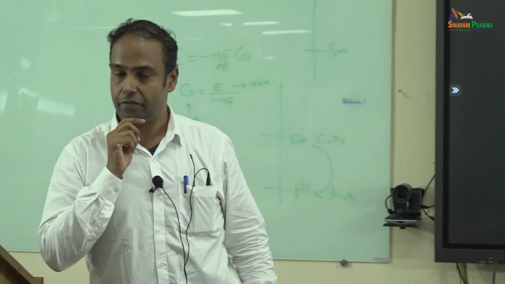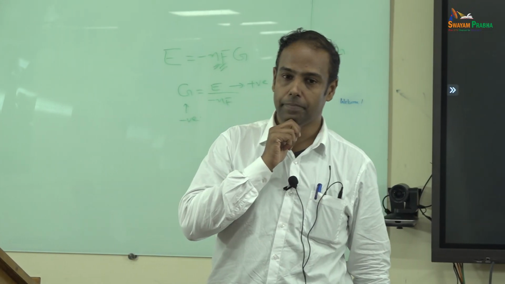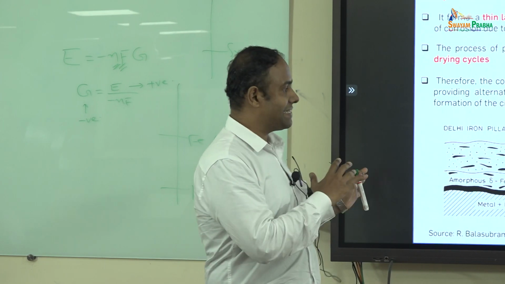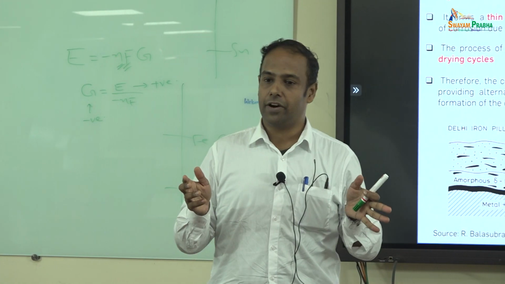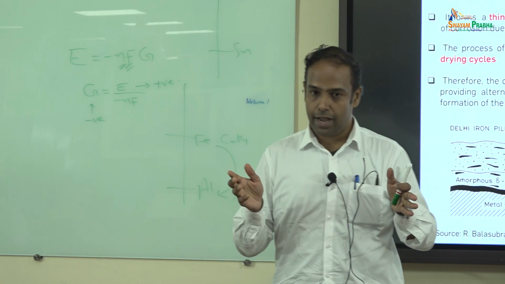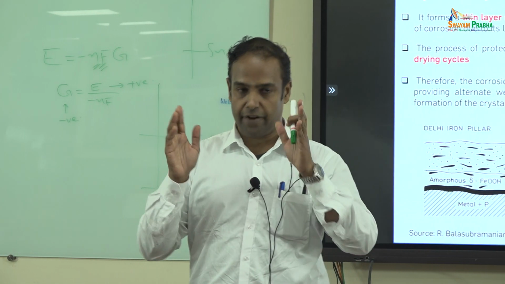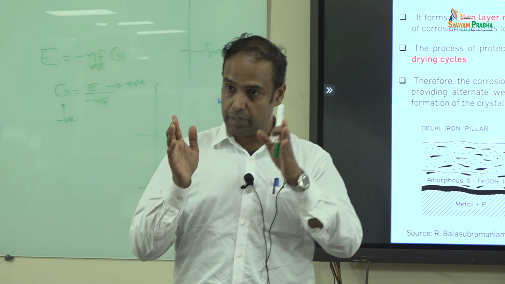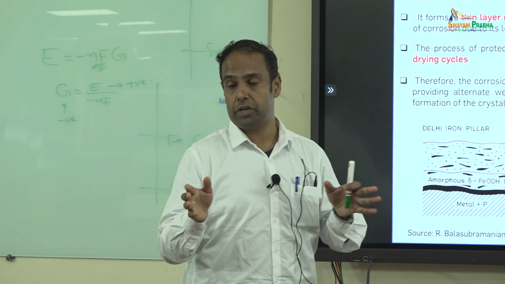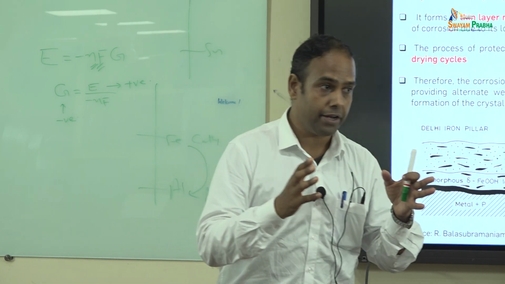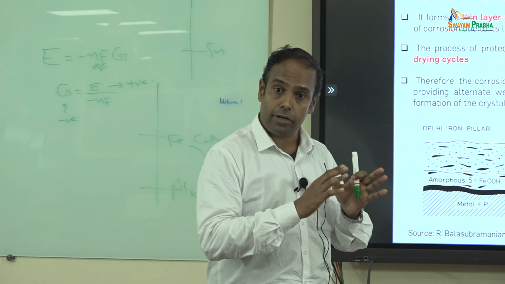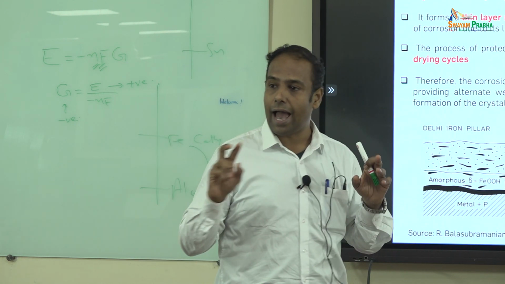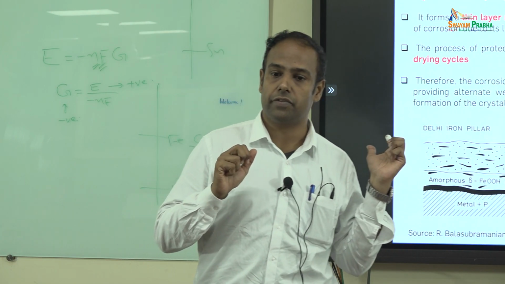Can it work in our environment in Chennai? Or do you say that it will be exactly the same in Chennai? Do you predict that? Corrosion is environment specific. The Delhi iron pillar is a rustless wonder, perfectly fitting and very nice. It is specific to that environment, but please keep in mind that it might still work, I cannot claim it, but it need not show the same behavior as we see in the Delhi climate.